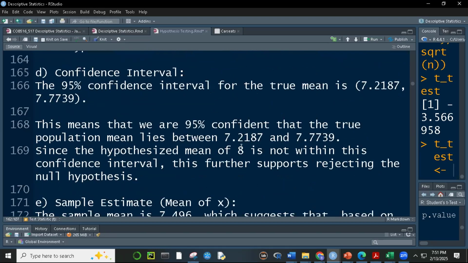So we are 95% confident that the true population mean is between 7.21 and 7.739. Since the hypothesized mean of 8 is not within this confidence interval, this further supports rejecting the null hypothesis.